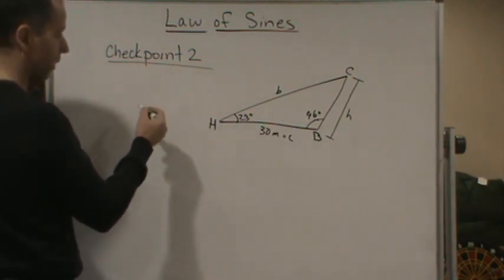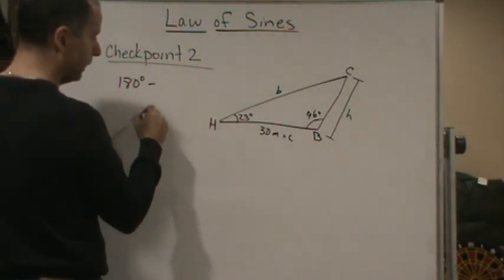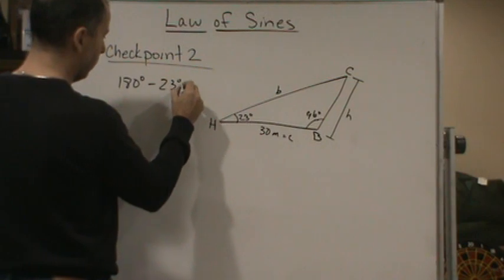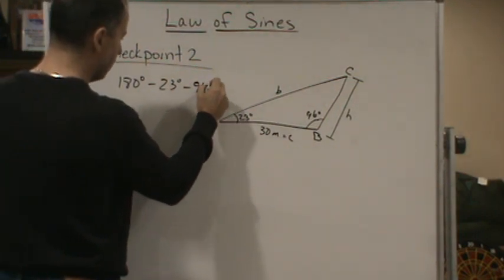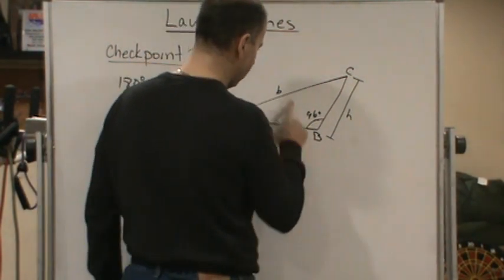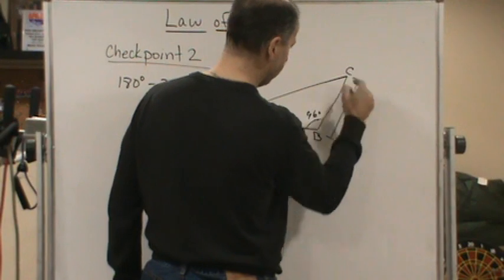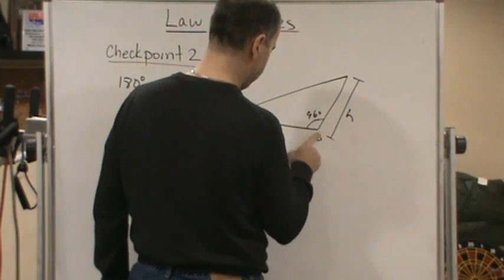The missing angle here is going to be 180 degrees minus 23 degrees minus 96 degrees, right? I mean, we don't even need to label this, to be honest with you, as long as we know what we're doing. Oops, except that we need that. Okay?